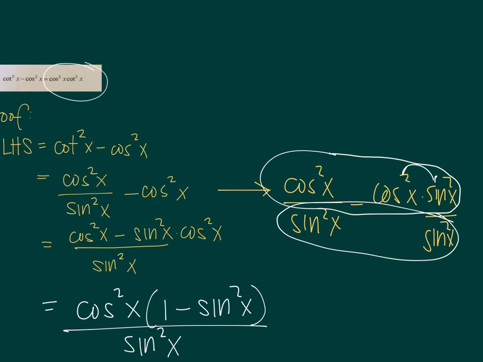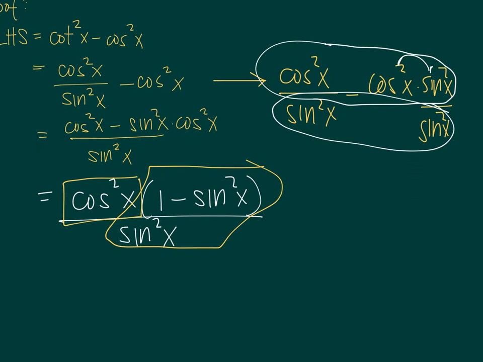Okay, so we use the right hand side as our guide. Take note, we were able to create a cosine squared x from here, and then we are left to find a way to change this into a cotangent squared x.